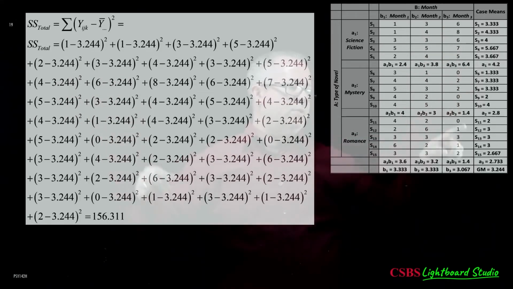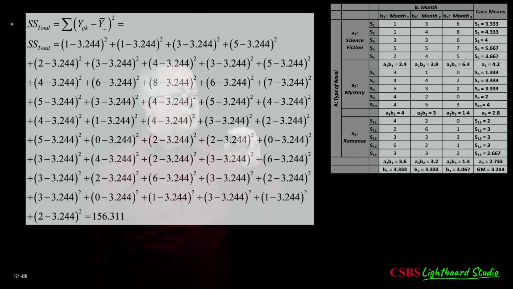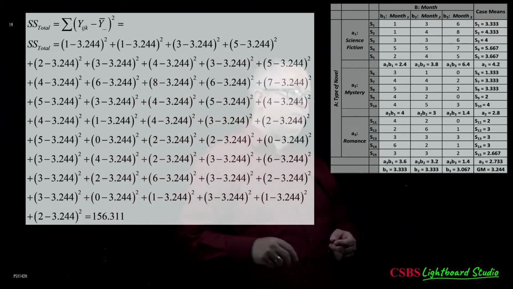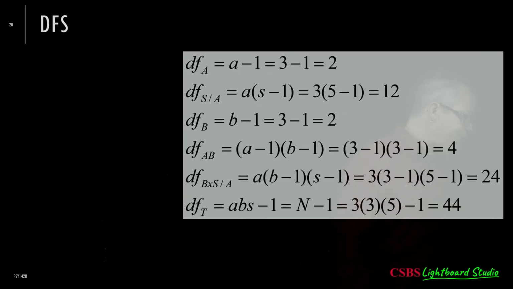All those, just subtracting out the grand mean all the way through all 45 individual participant scores. We get that the total is 156.311, and everything should add up. A, S with an A, B, AB, B by S with an A, all those should add up to this 156.311, if everything is done correctly.